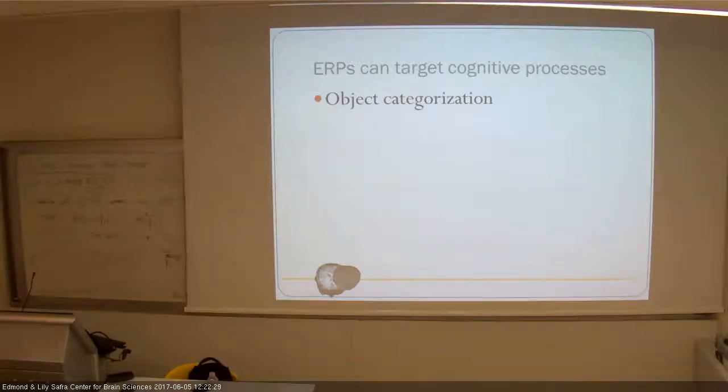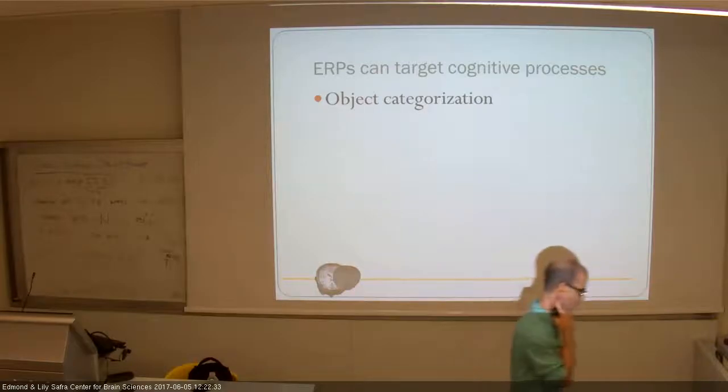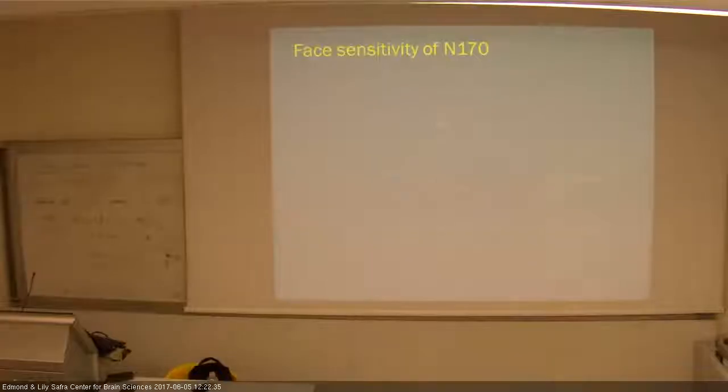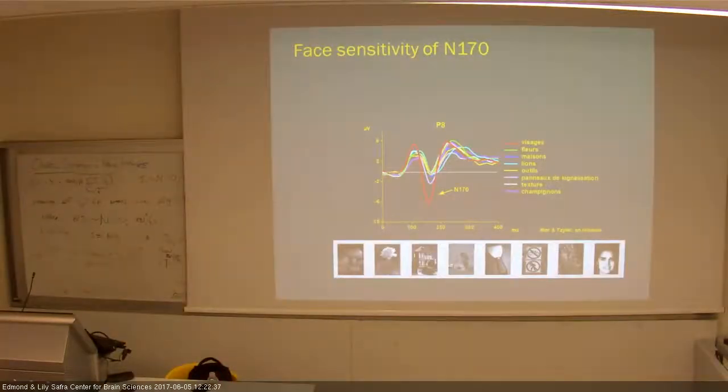Okay, and another couple of components that I'm going to mention. One has to do with object recognition, and that is a little bit odd because I'm trying to talk about endogenous components, and this is actually an evoked response.